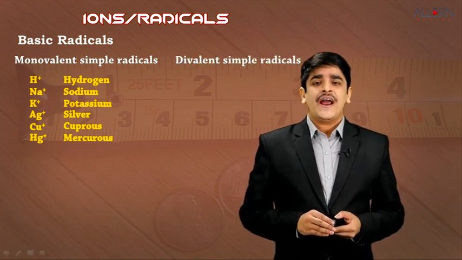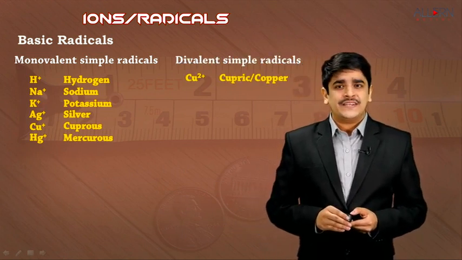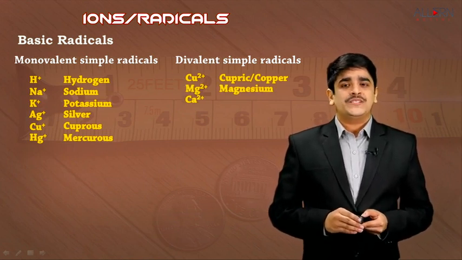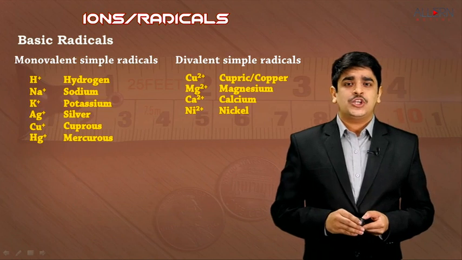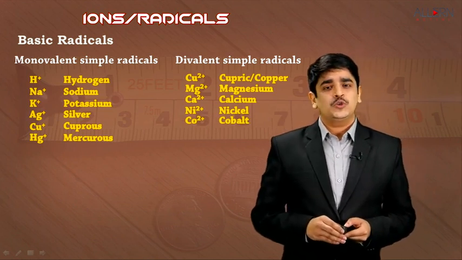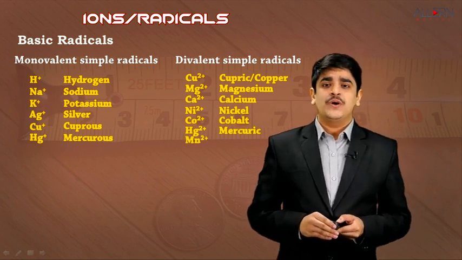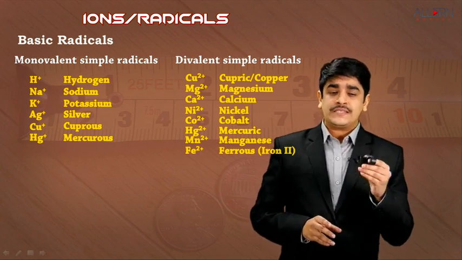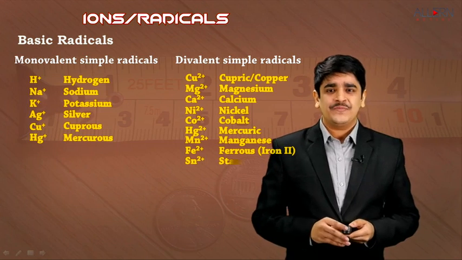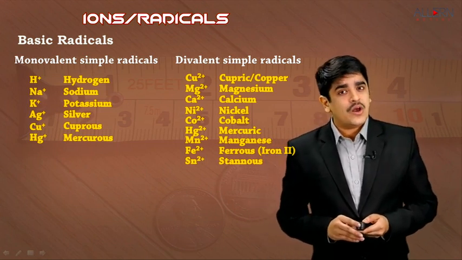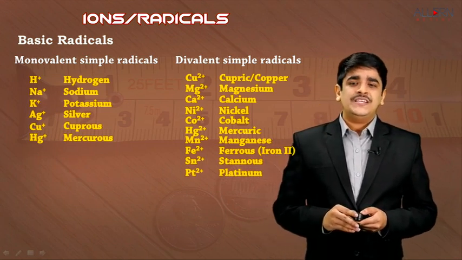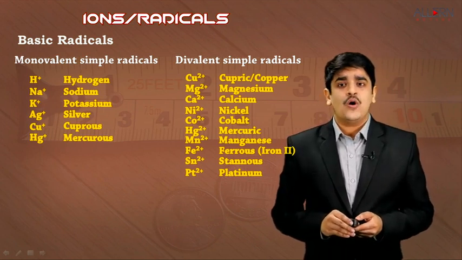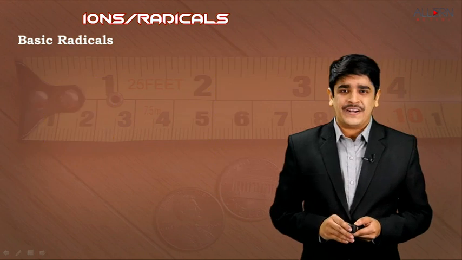Now, on the other hand, we have divalent simple radicals, cupric, which is Cu 2+, Mg 2+ magnesium, Ca 2+ calcium, Ni 2+ nickel, Co 2+ cobalt, Hg 2+ mercuric, Mn 2+ manganese, Fe 2+ ferrous, lower valency, right? Sn 2+ stannous, lower valency, Pt 2+ platinum. That's the last one in this particular list for divalent simple radicals.